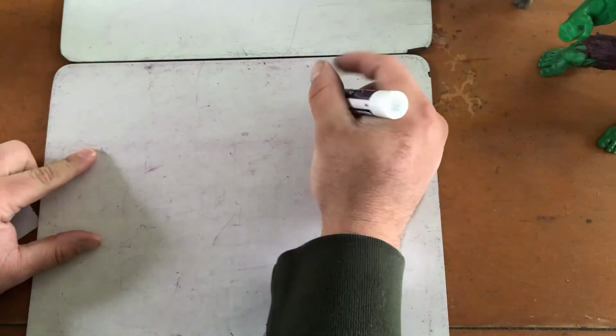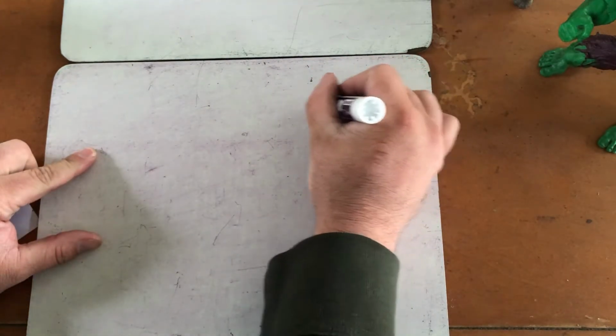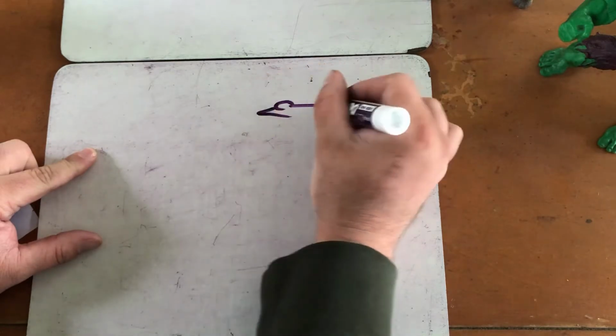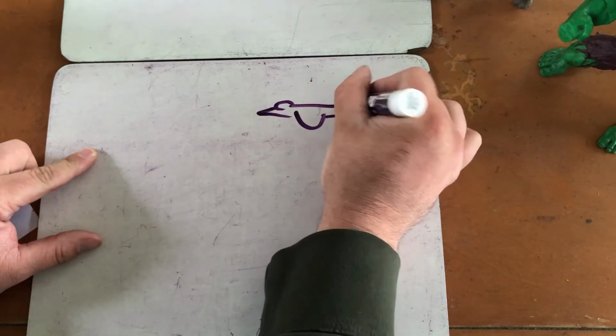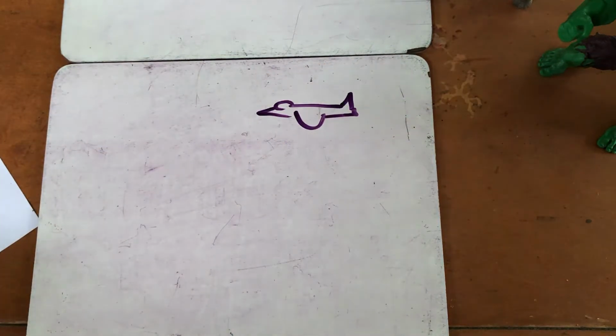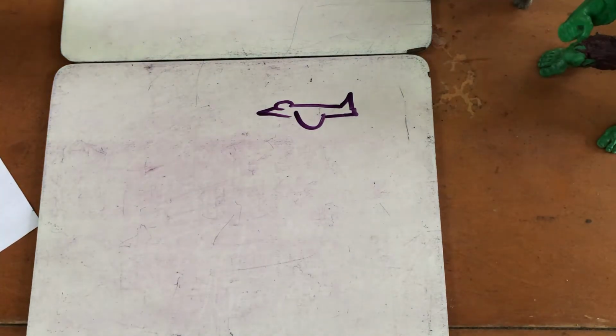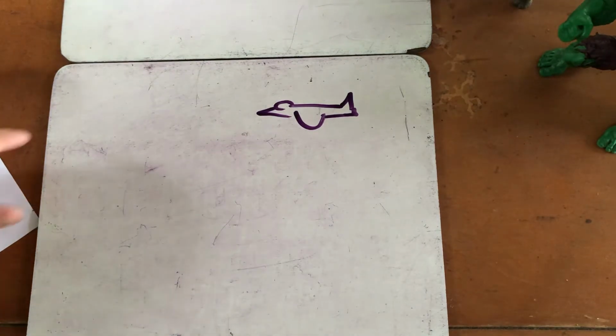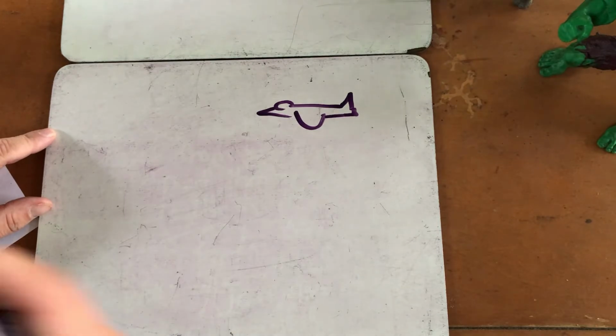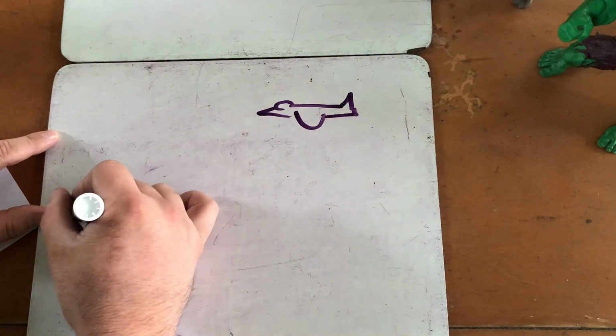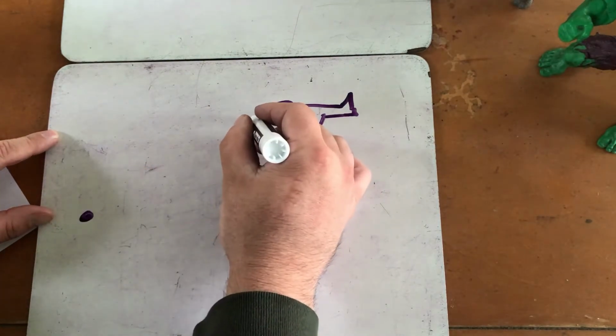All right, so I have a plane. There's my plane. All right, my plane is 15,000 feet above the ground with an angle of depression of 10 degrees. So here's my airport. My airport is some spot.